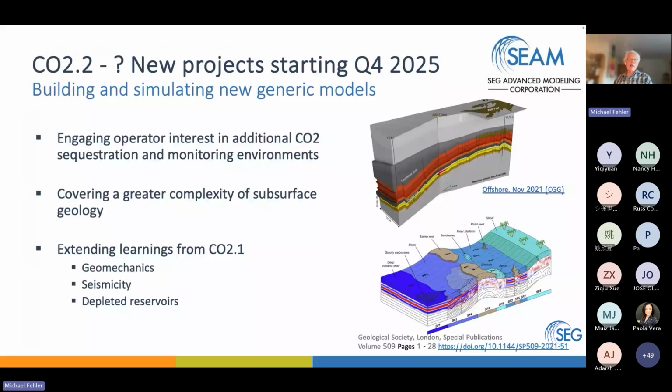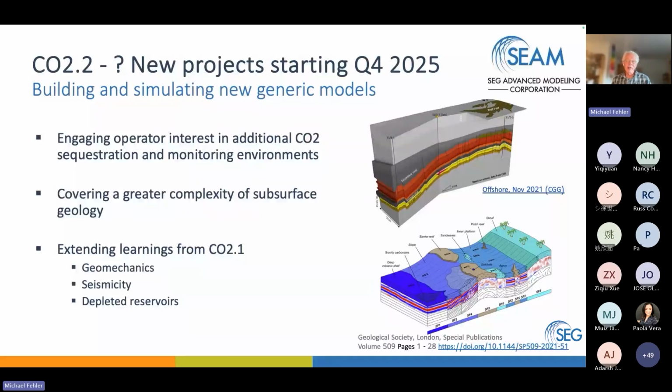Finally, there's plans to start a second version of this project called CO2.2. Bill Abel is actively engaged in discussion with prospective participants about this to look at what things they would like to investigate. I think one of the things they would like to do is do more work on the data that we've collected.